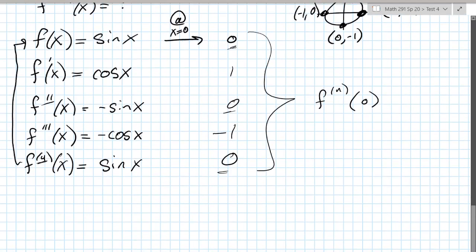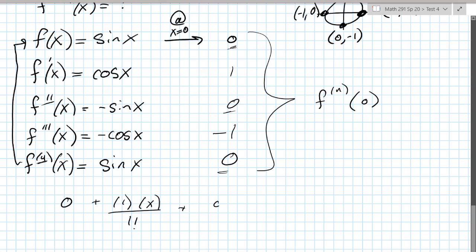So what I'm hoping for is to be able to write the first one, that's our c sub 0, plus cosine of 0, that's our first derivative, times x over 1 factorial, right?